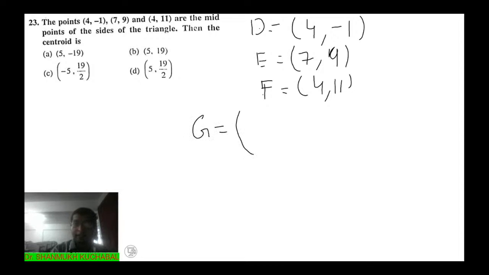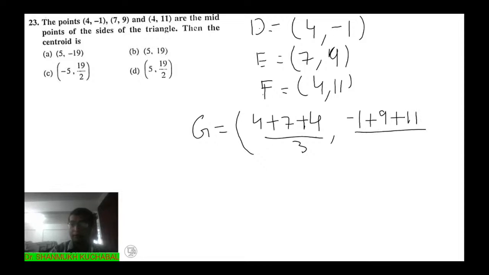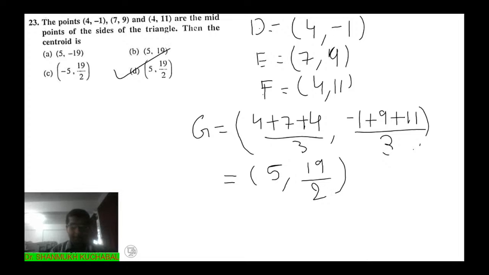The x coordinates we have to add and divide by 3: 4 plus 7 plus 4 divided by 3. Next, -1 plus 9 plus 11 divided by 3. Further on simplifying, we get (5, 19 by 2). Therefore option D, (5, 19 by 2), is the right answer.